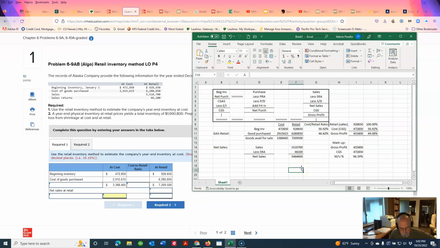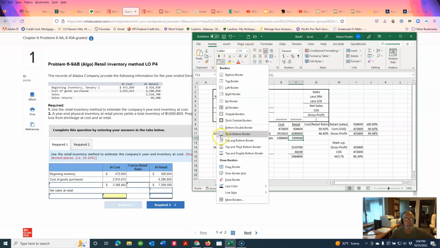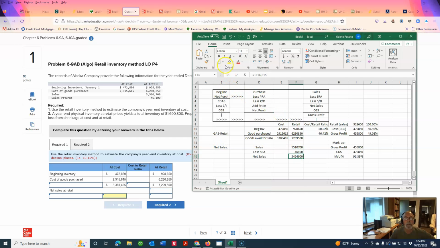And our goods available for sale at retail, 7,209,500 minus our net sales at retail, so we're going to subtract these two numbers.